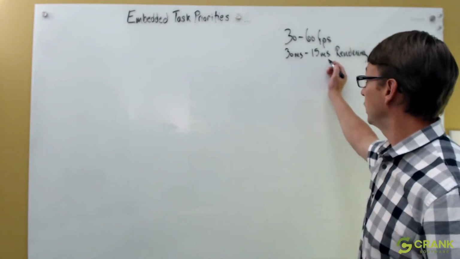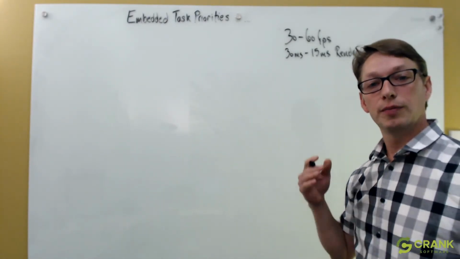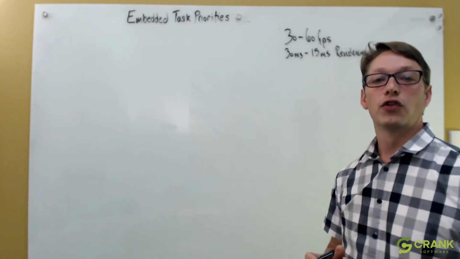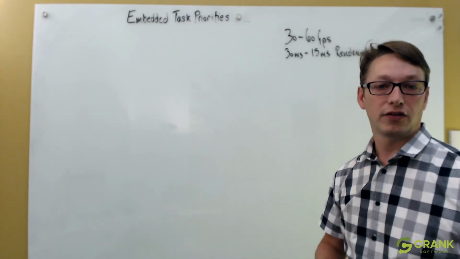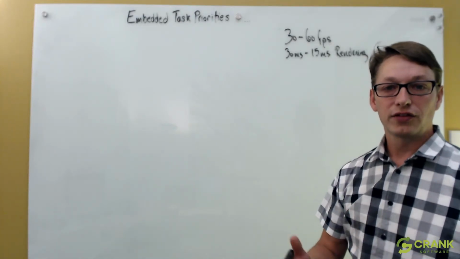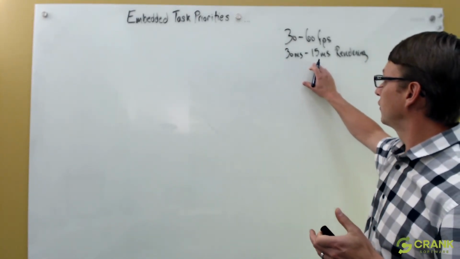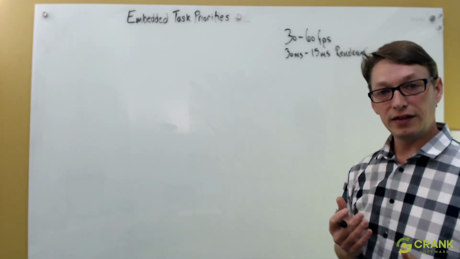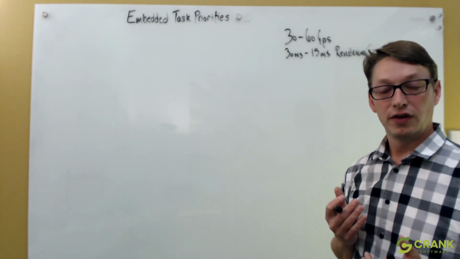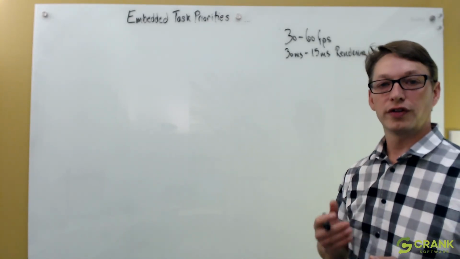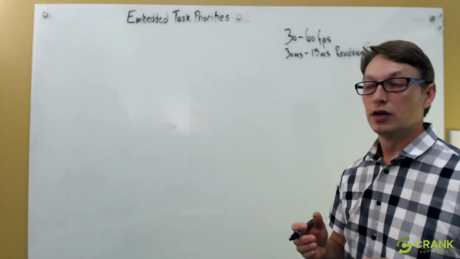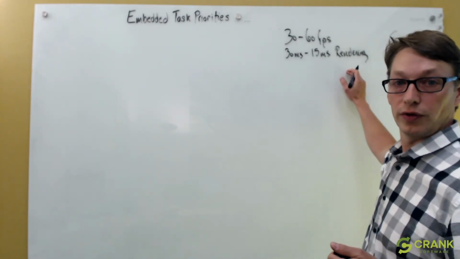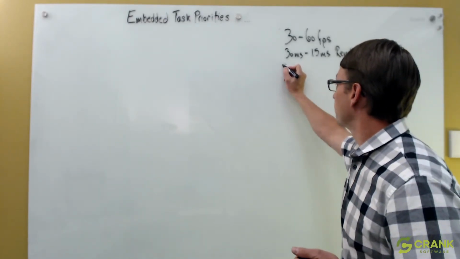So these are important numbers now, because I can put this in the context of the rest of the system that's executing: the data collection tasks, the input tasks. I can understand the latency on tasks, and that I need to ensure that I come back to do my rendering in a timely fashion. Well, this is the number that I'm working with now. It's something that I'm looking at.